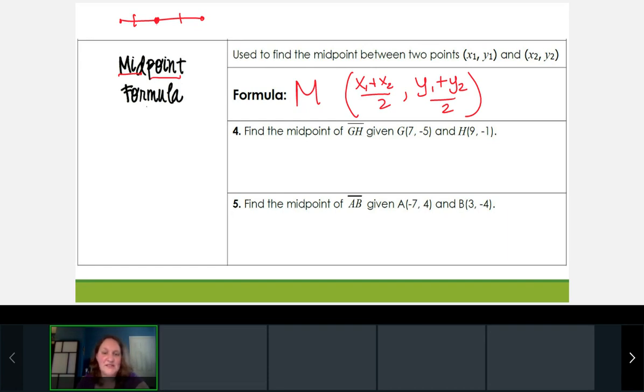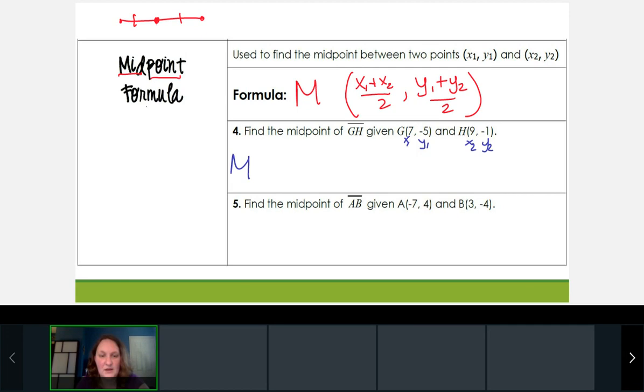It might be a little easier to see here. I'm going to show it to you as the example with the formula. And I'm going to show you how to do it on a graph, and you can decide which way you like best. But just like in distance, I'm going to label x, y, x, y. The first point are the 1s and the second point are the 2s.